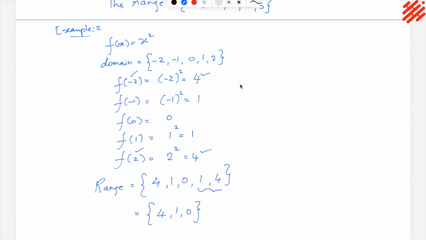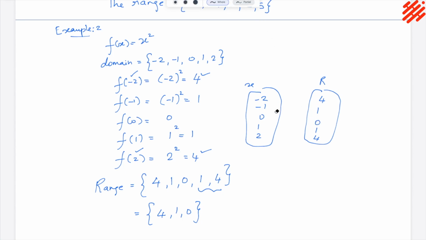Suppose we have the x values -2, -1, 0, 1, 2, and we have the range 4, 1, 0. So -2 produces 4 and 2 also produces 4, and -1 produces 1 and 1 also produces 1.